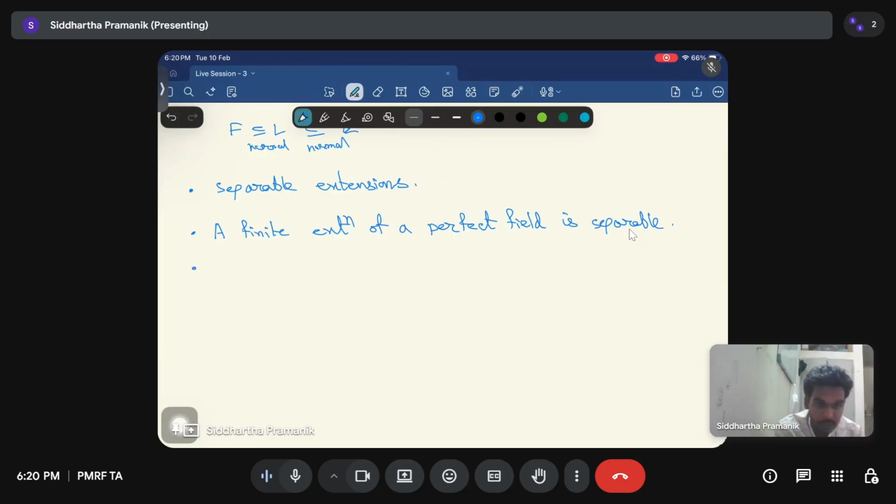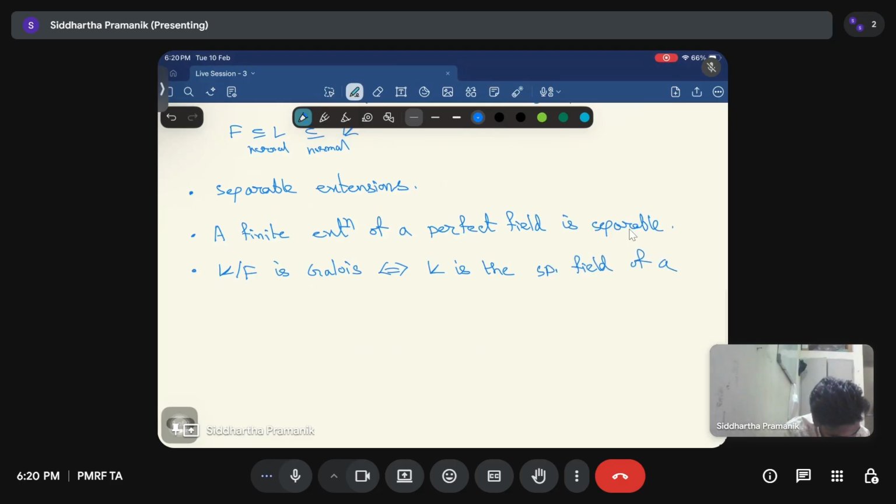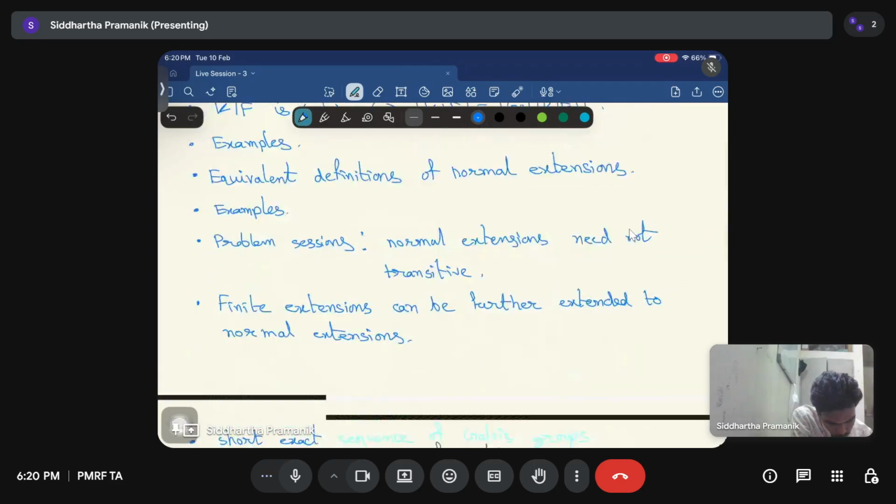And finally, we have given one more characterization of Galois extension, that K over F is Galois if and only if K is the splitting field of a separable polynomial over the base field F. And these are all the topics of this week 3.